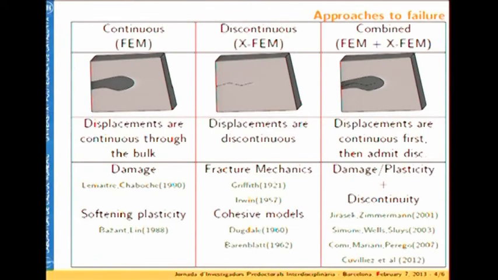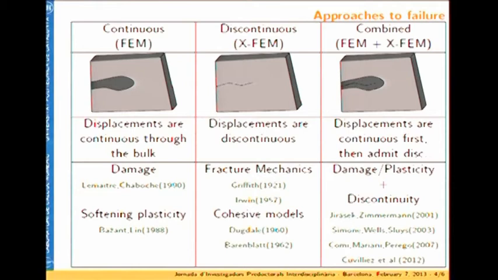Now the functions that we use to approximate displacements, stresses and strains can be discontinuous. Here I have written some references for those who are interested, but if we look at the years, we see that some strategies are becoming trendy, these combined strategies.